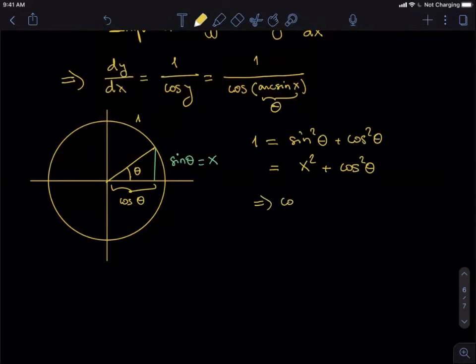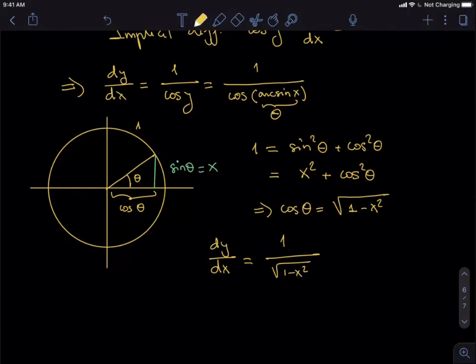So then the cosine of theta is going to be the square root of 1 minus x squared. Okay, but now remembering that theta is the arc sine, we can finish our formula and say dy dx is 1 over the cosine of theta, which is the square root of 1 minus x squared.